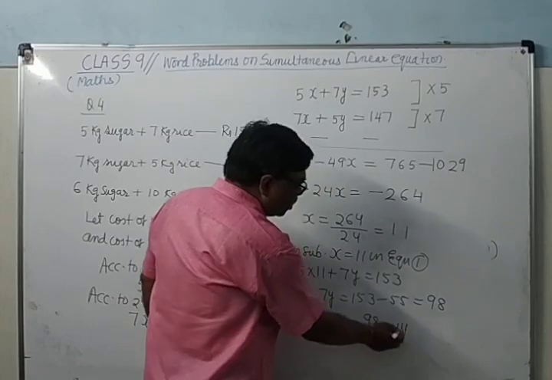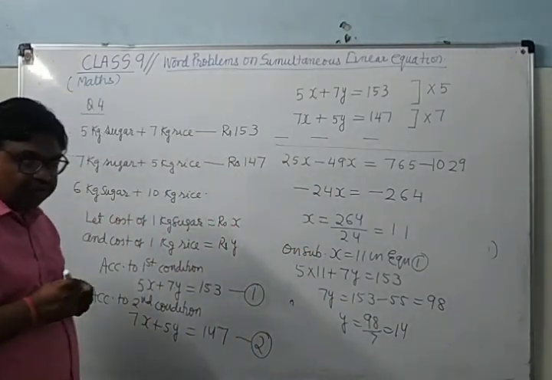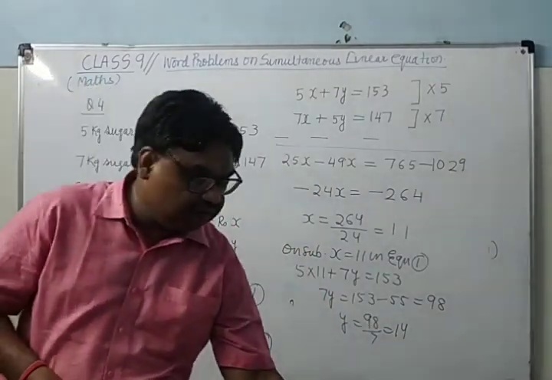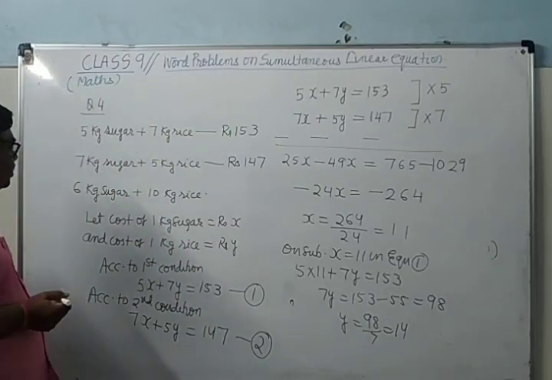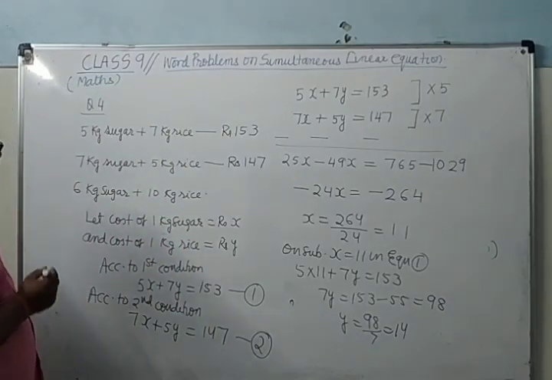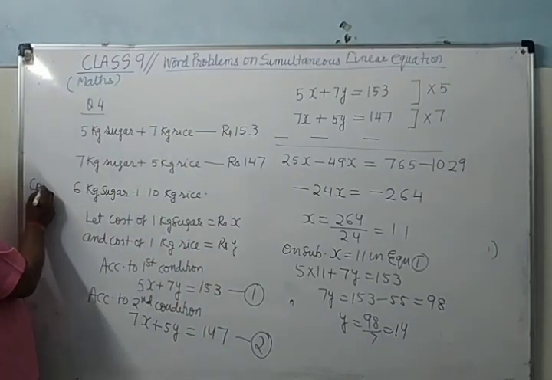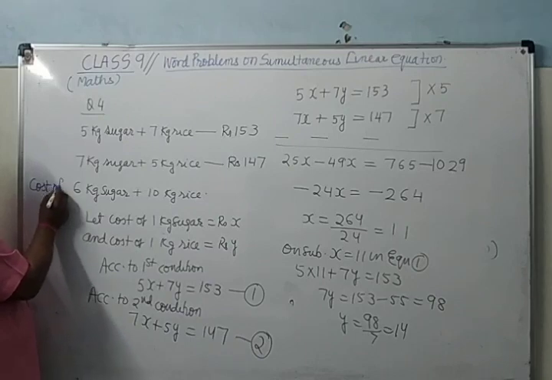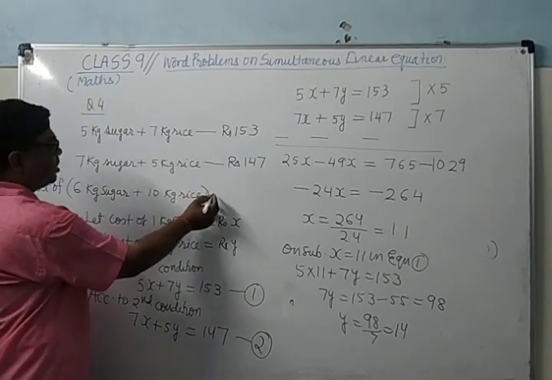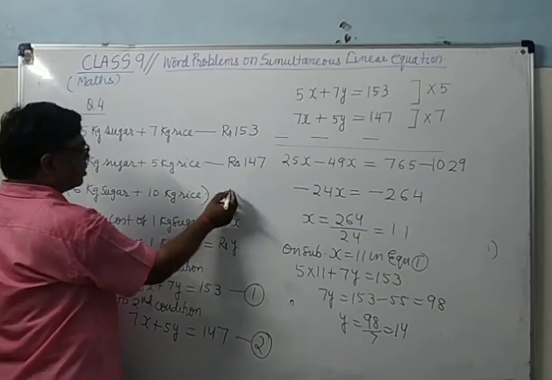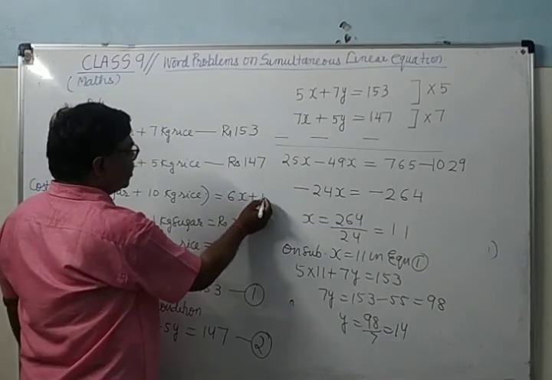It is 14. So now you have to find the cost of 6 kg sugar and 10 kg rice. It will be equal to 6x plus 10y.